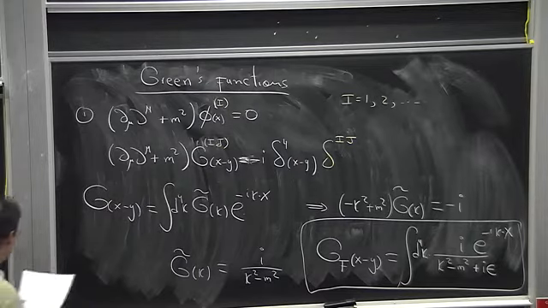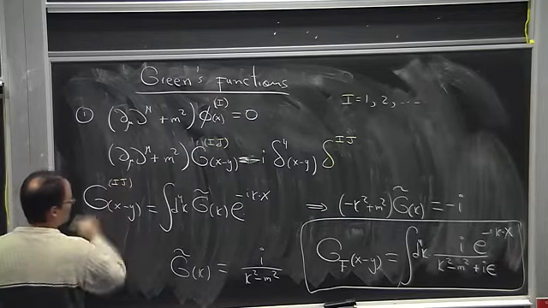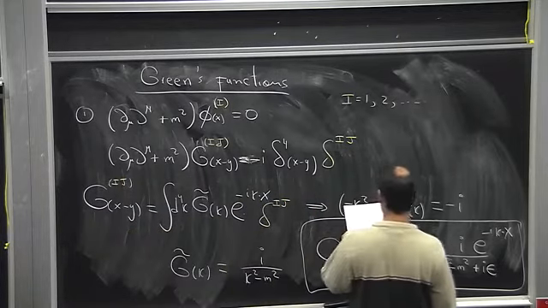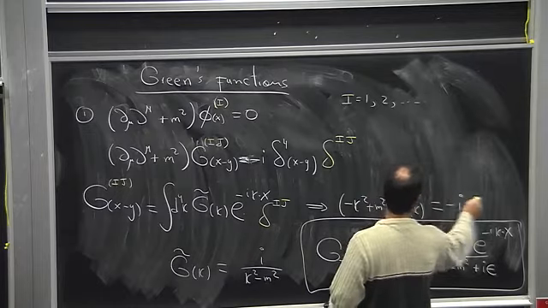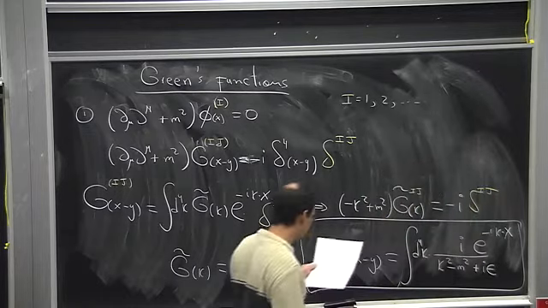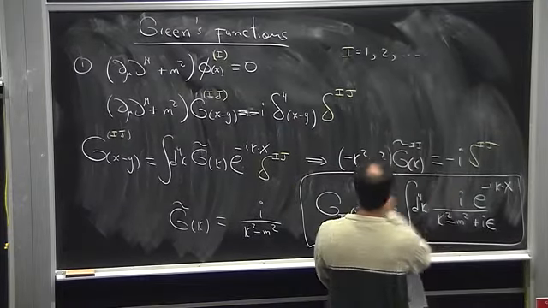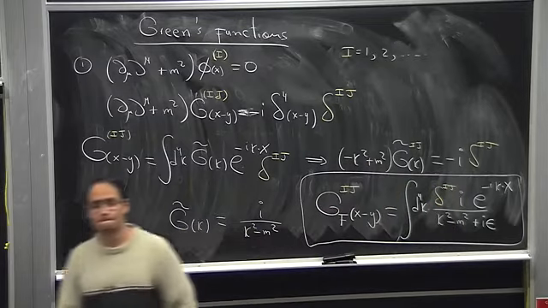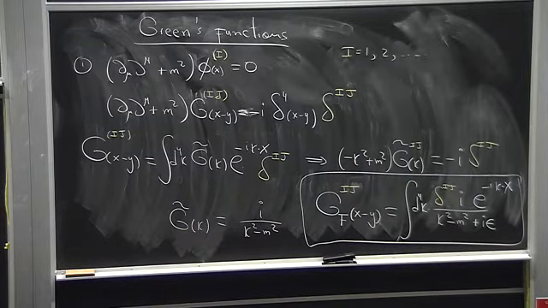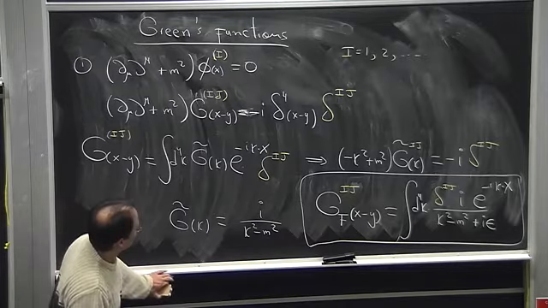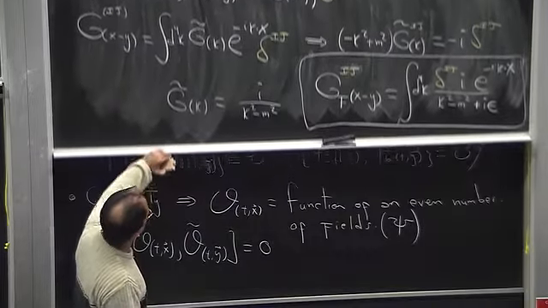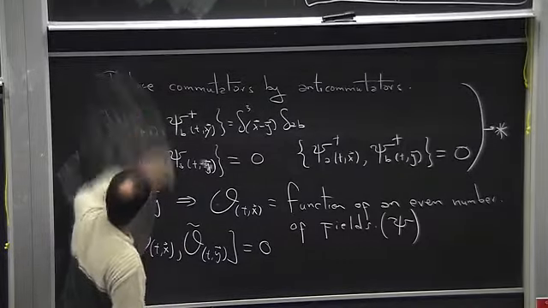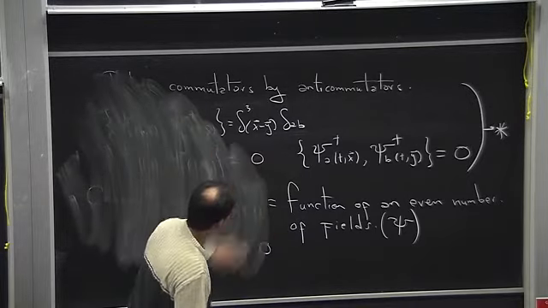So if you put a delta ij there, we just have to keep putting it everywhere. And then the equation is i delta ij. And the last modification we have to make is putting it there. Okay? This is starting to look like the Green's function we found in the case of the photon field.